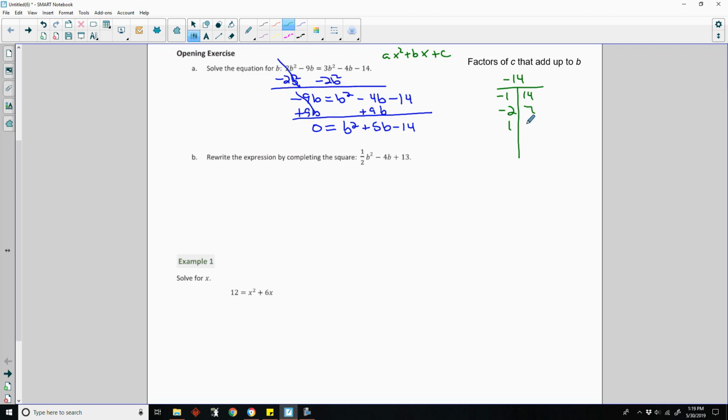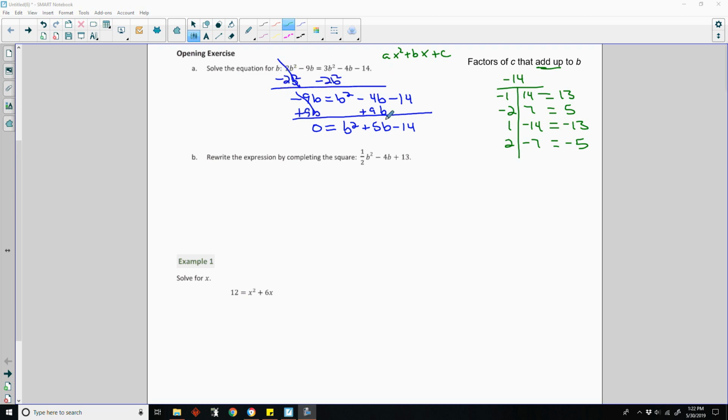It could be positive 1 times negative 14. And it could be positive 2 times a negative 7. And I'm going to add these factors of c that add up to b. So if I add these, I get 14 plus negative 1, or 13. Negative 2 plus 7 is 5. 1 plus a negative 14 is negative 13. And 2 plus a negative 7 is negative 5.